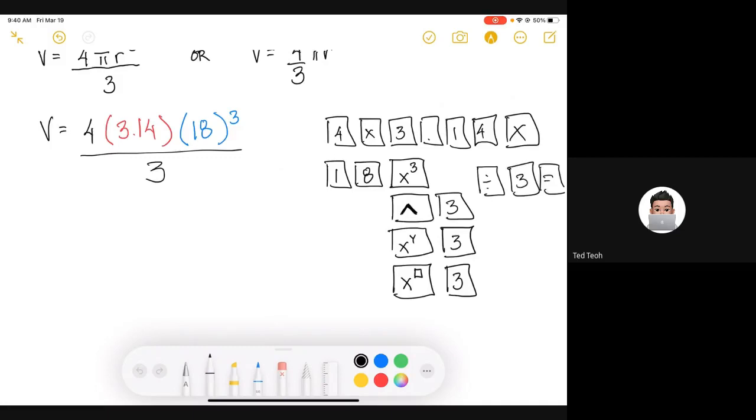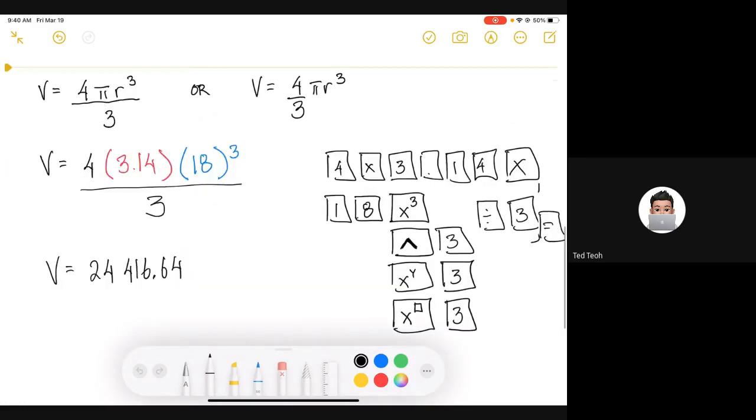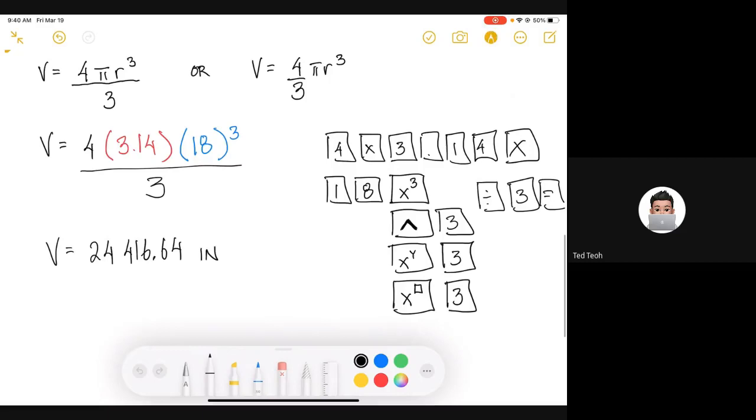If you type that in properly, you should get 24,416.64. The units for this question are inches, and because it's volume, it's going to be cubed.